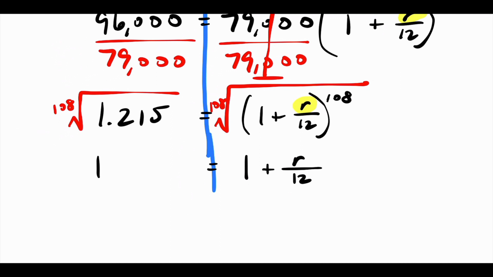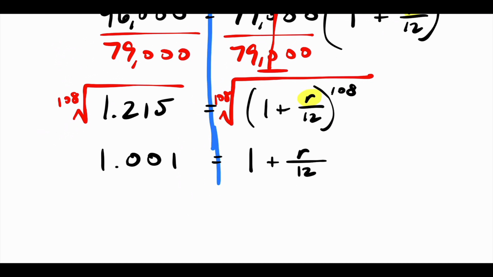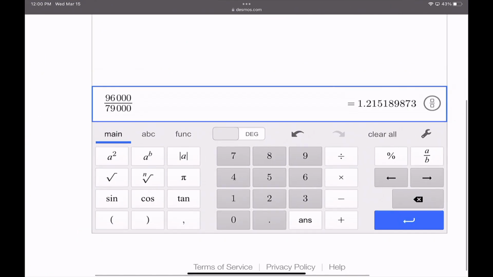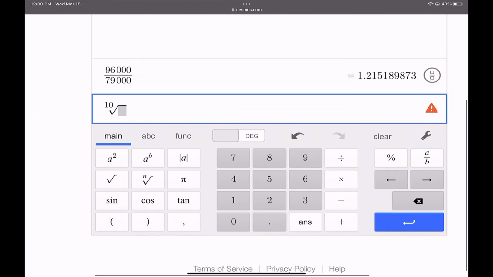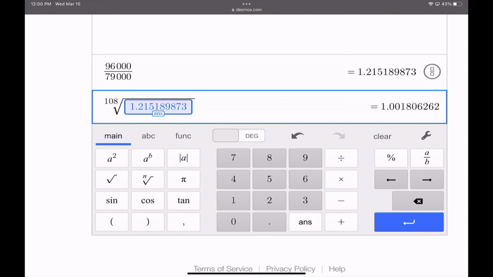And you're going to get something very close to 1 when you do that in Desmos. Right, let me double check. Previous answer, yeah, 1.001. Or we should go 2, right? 1.002.